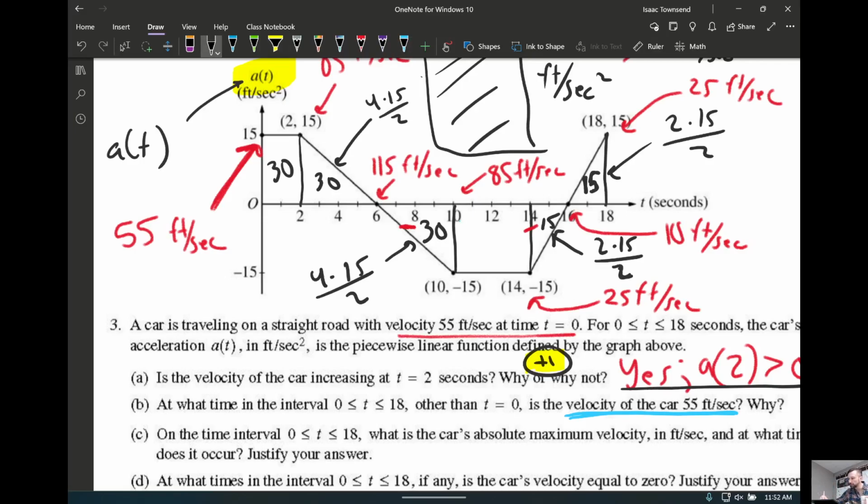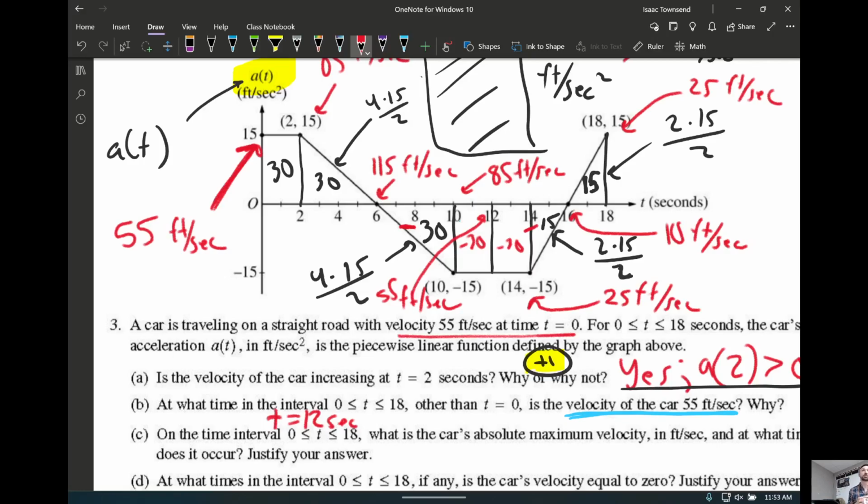So if I split this up a little bit, and instead of doing one big rectangle here, I do two rectangles. This is 2 by 15, so this was losing 30. This was losing 30. So at t equals 12, do you see that we get t equals 12 seconds? Do you see that it would be 55 feet per second?